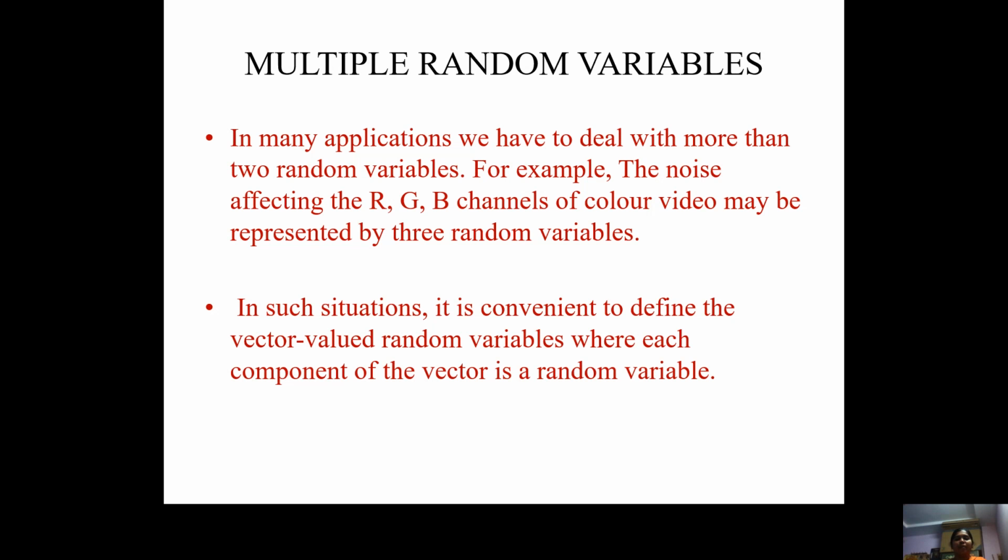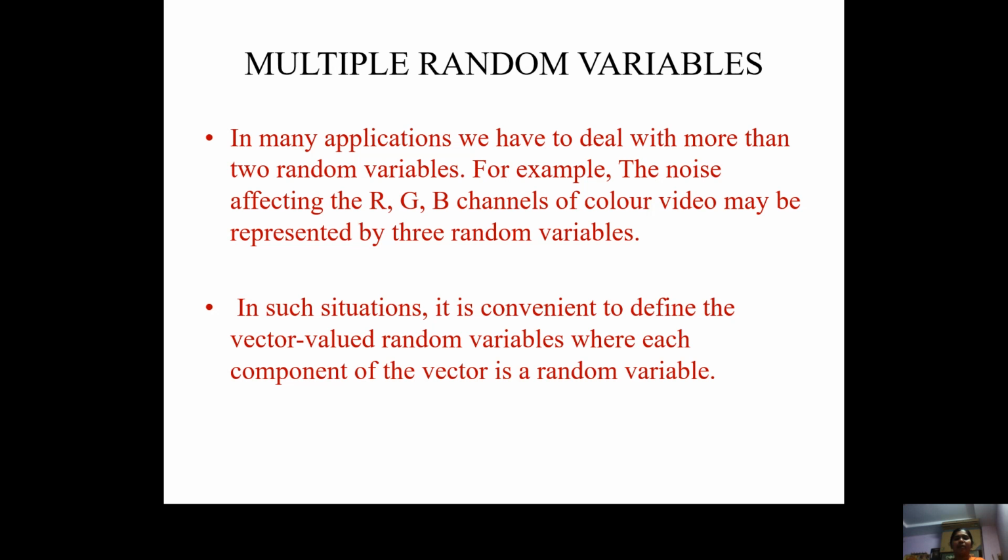So what are multiple random variables? If a variable will happen in the future, it is generally considered a random variable. Till now we have discussed one or two random variables, but in many applications we have to deal with more than two random variables.